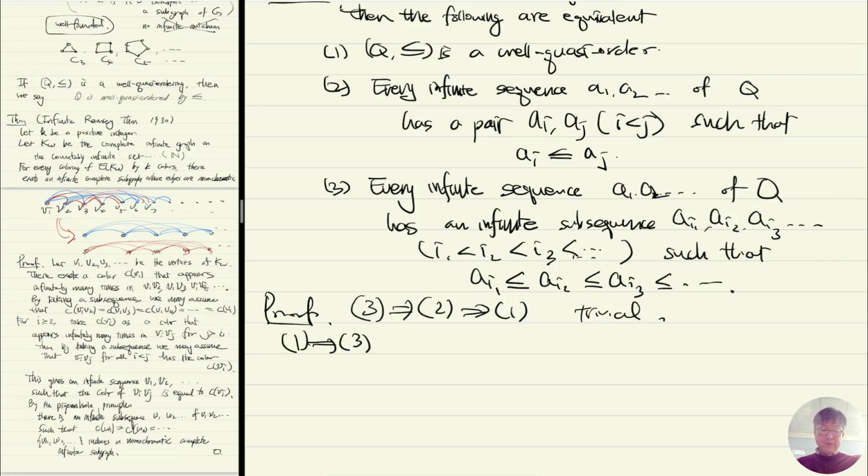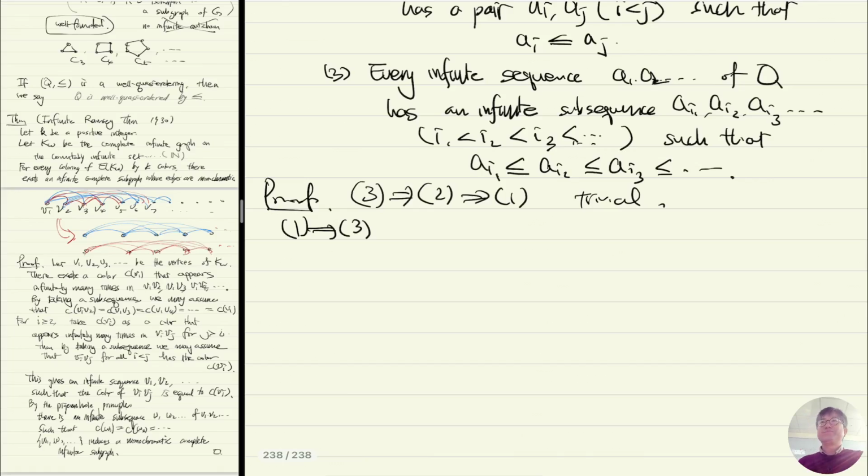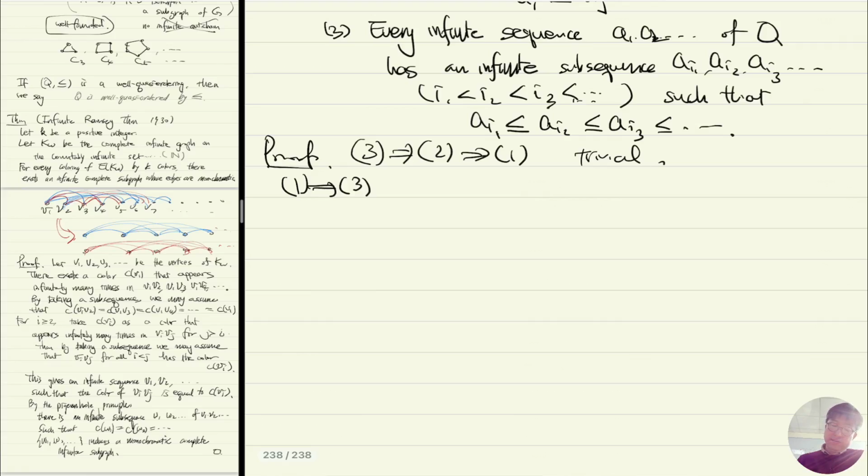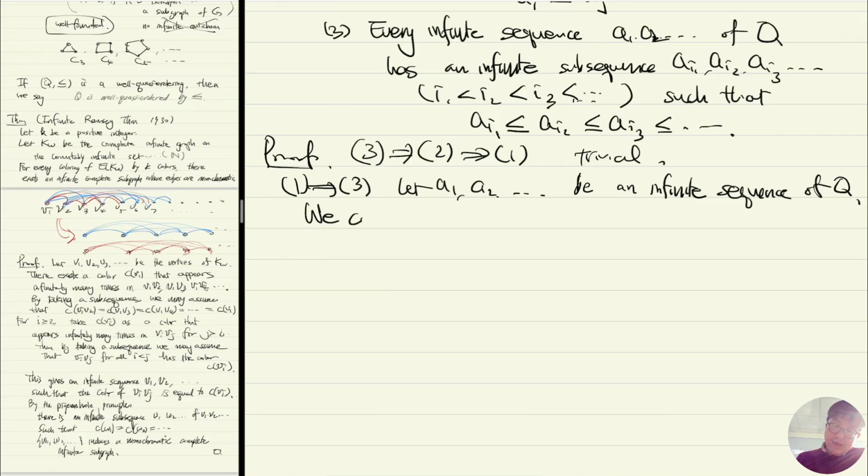What's left is 1 implies 3. And there we use infinite Ramsey. So let a1, a2, ... be an infinite sequence of elements of Q. Now we color edges of K_omega as follows.